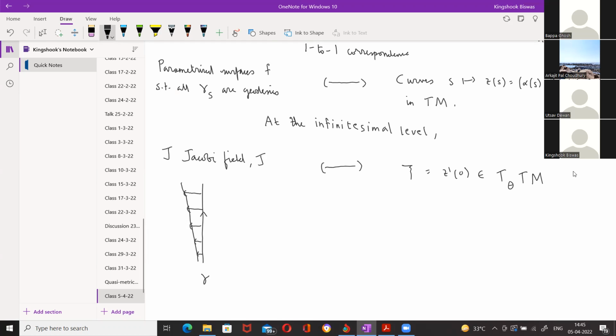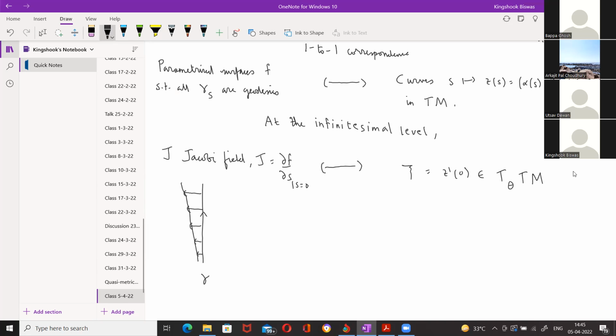J equal to del f del s at s equal to 0. So we should have a one-to-one correspondence between Jacobi fields on the one hand and tangent vectors to the tangent bundle, the vector space T theta Tm, on the other.